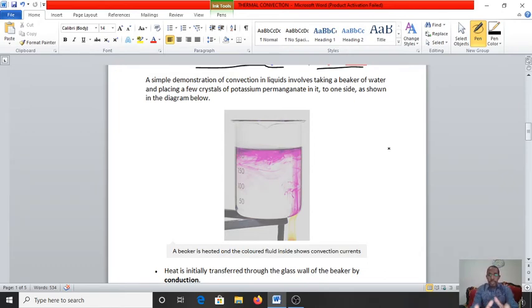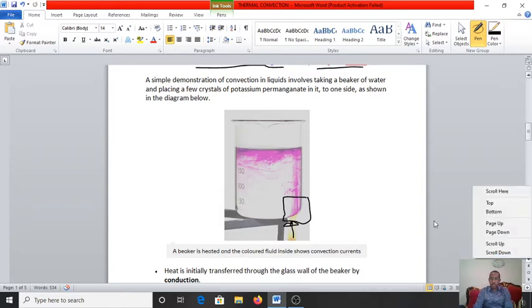Now when you look here, we have a beaker filled with water, and in the bottom right, this part, a few crystals of potassium permanganate are dropped. Then when this part is heated, you can see the flame. When that part is heated, then we know what happens.